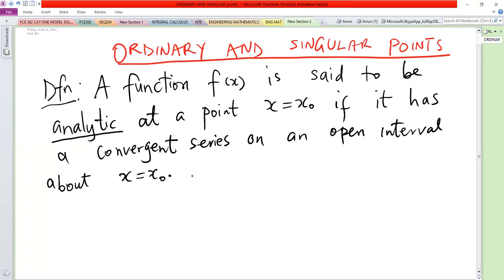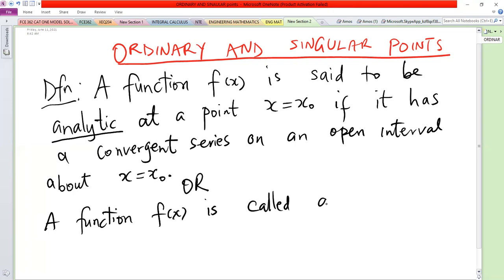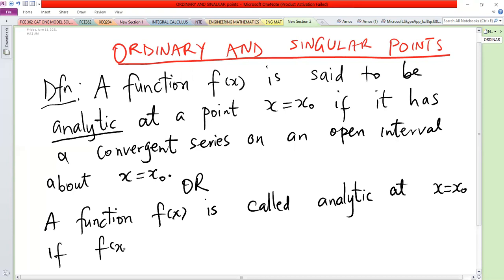Or simply we can say a function f of x is called analytic at x equals x naught if f of x is equal to its power series.